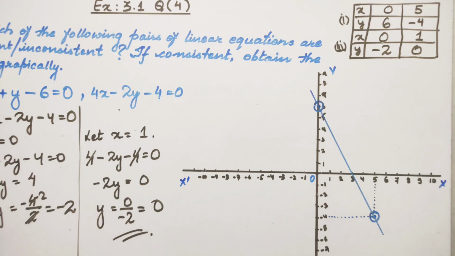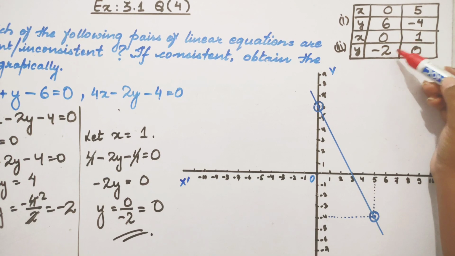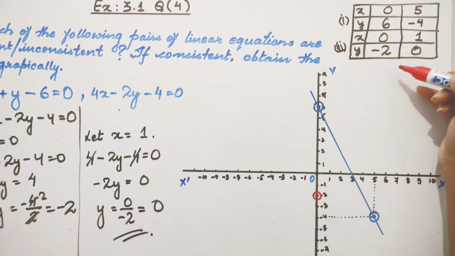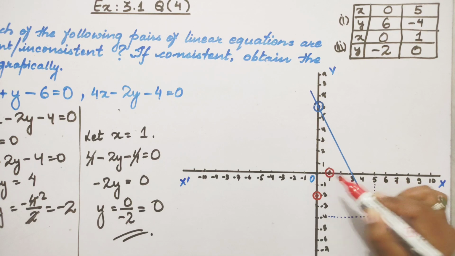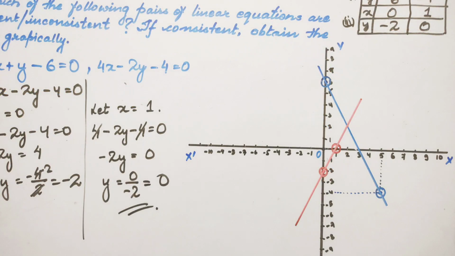Now let us draw a straight line. Perfect. Next, when x is 0, y is minus 2. And when x is 1, y is 0. So this is the point. Let us draw a line over here again.